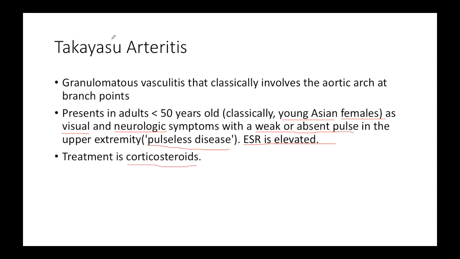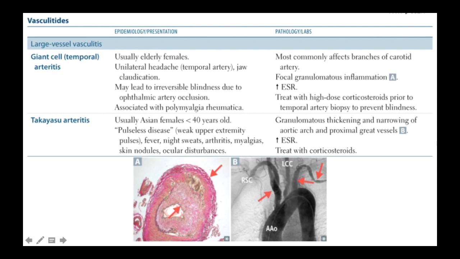I like to think of this one as the ninja disease because of it affecting young Asian females, and you have a weak or absent pulse that you can't tell, so your pulse is being sneaky like a ninja, if that helps anybody. That's how I remember it, but there you go.